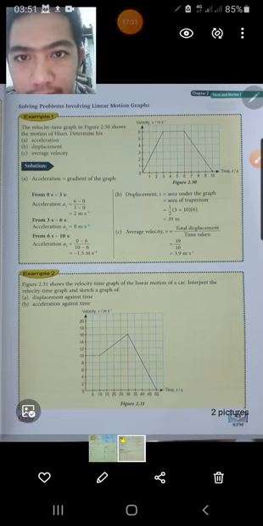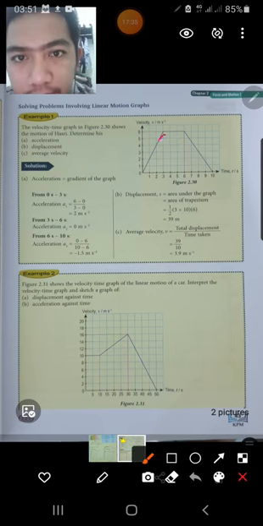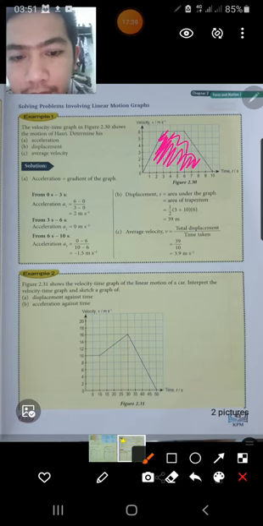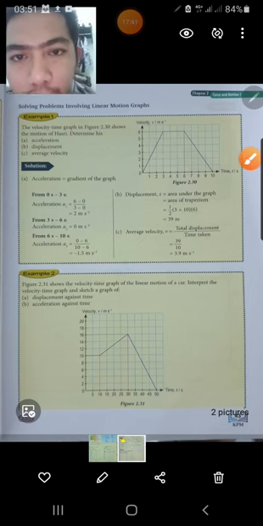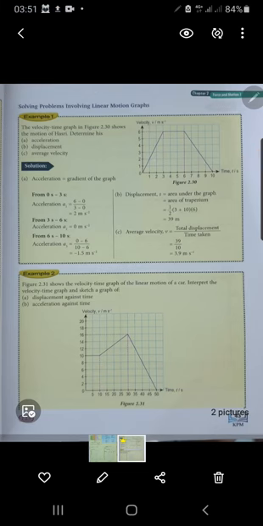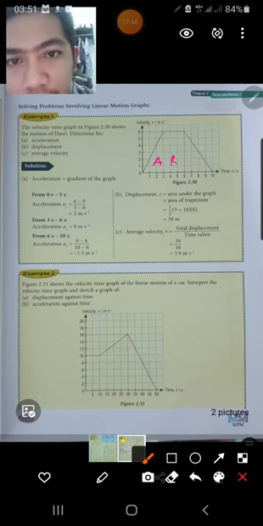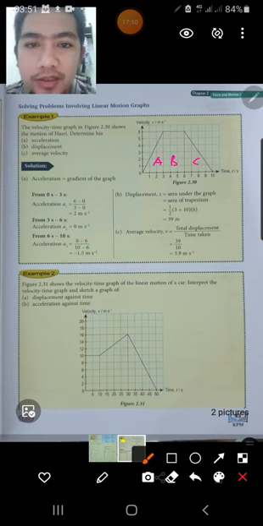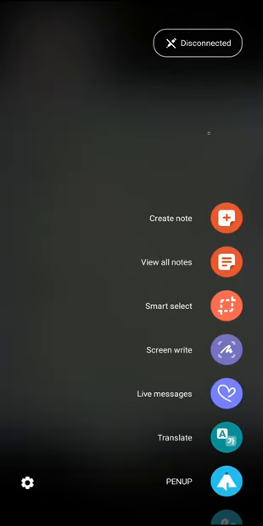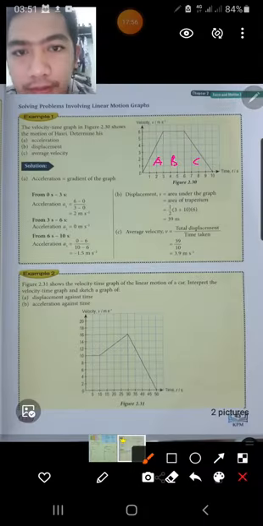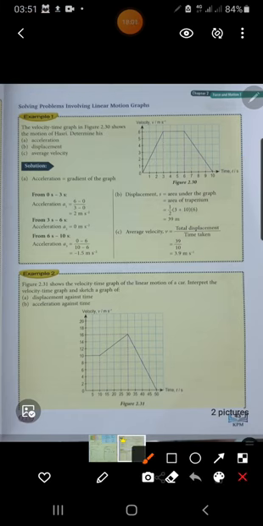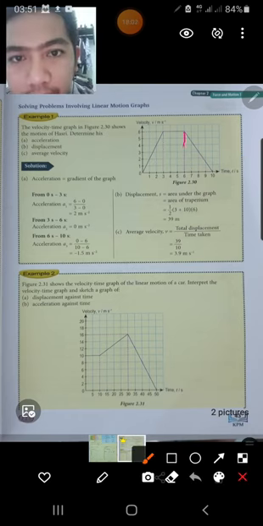That means this is where you have to calculate the area under the graph. Or if you are confused, you calculate section by section: section A, section B, section C. Alright. Or it can be just 2 sections. Wait. This one is a trapezium.